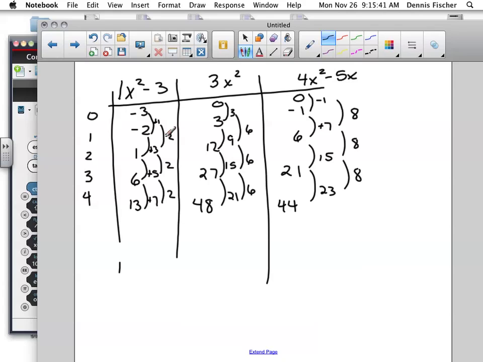Some of you are taking pictures from far away, on the ground. I can't read that from far away. So when you're done taking it, if you can read the work, I can read it. I want to see your work and your answers.